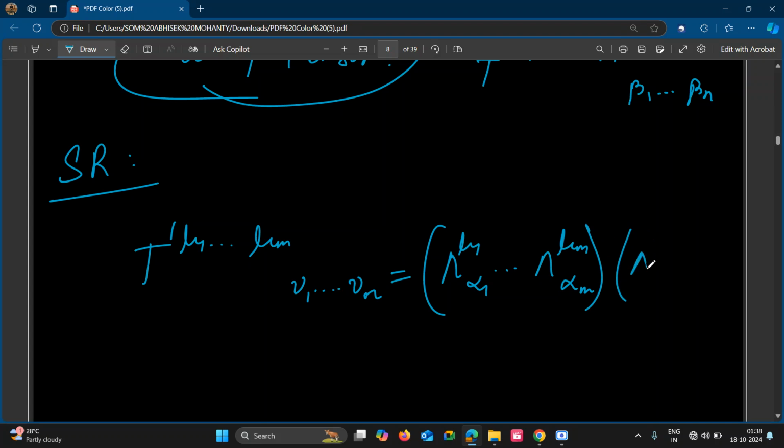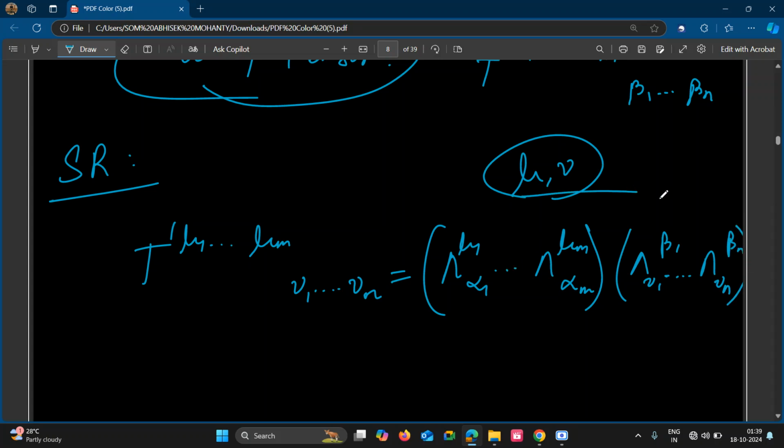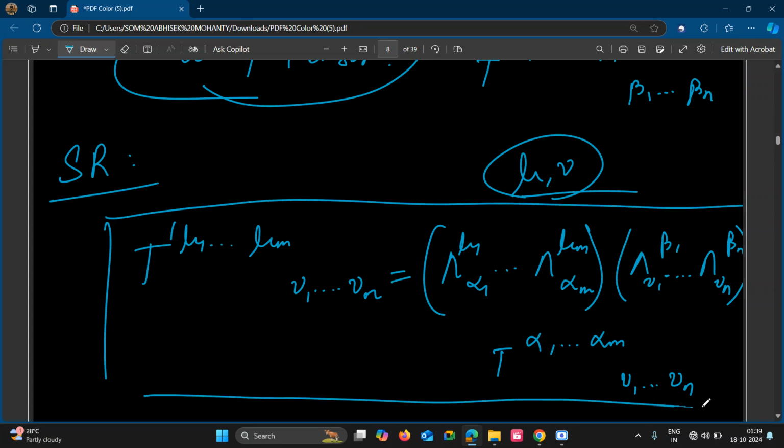Notice mu 1 is written very close to lambda. These are the important notations for us. Alpha and beta are like dummy indices, which we can take as anything, so they are written far away, and the main notations are written near. Into T alpha 1 up to alpha n, and beta 1 up to beta n. So this is simply a mixed tensor in special relativity.